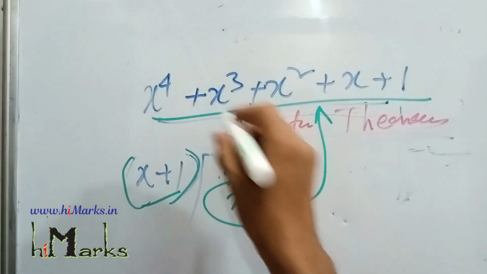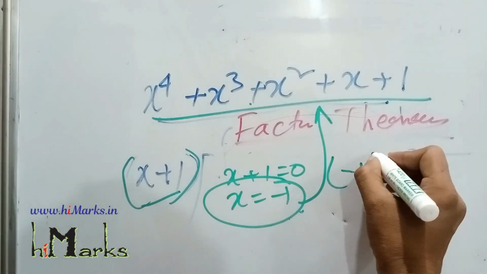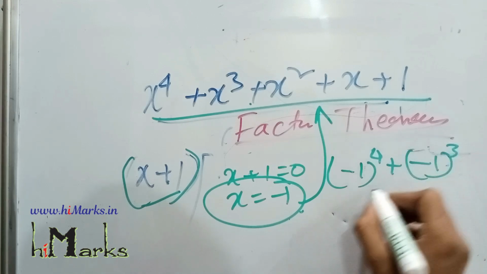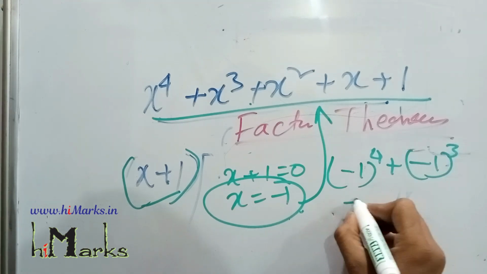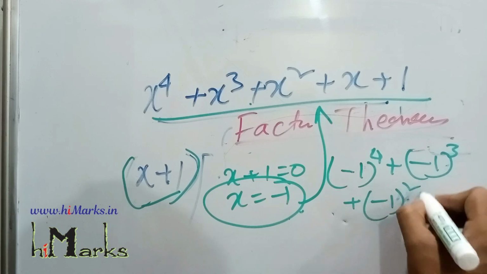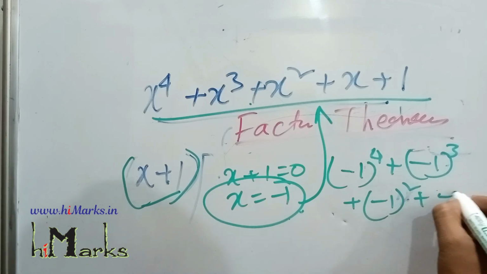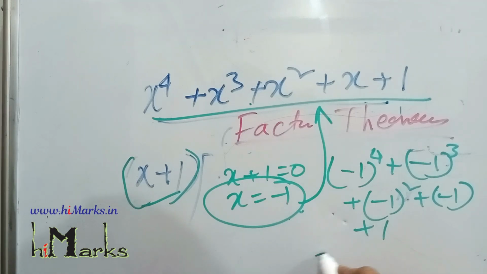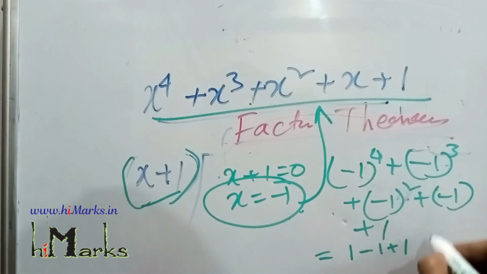So let us put minus 1 here. Minus 1 to the power 4 plus minus 1 to the power cube plus minus 1 whole square plus minus 1 and plus 1. So if you calculate the total, this is 1, this is minus 1, this is plus 1, this is minus 1, this is plus 1.